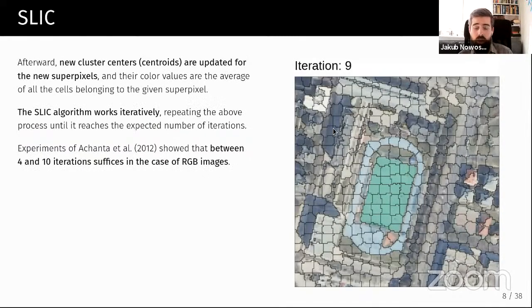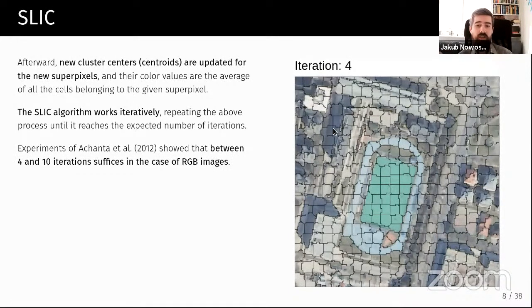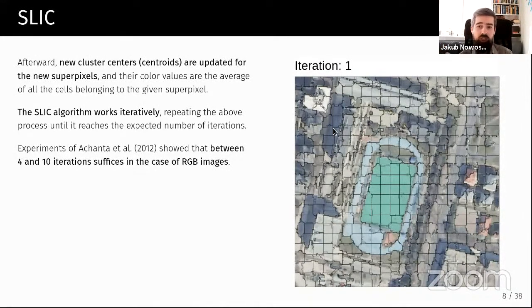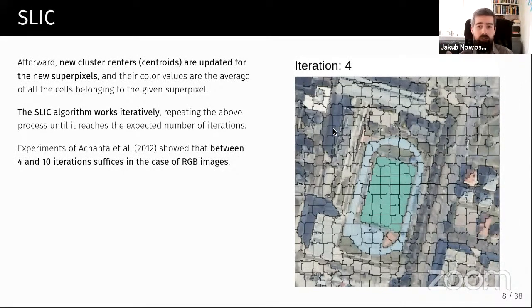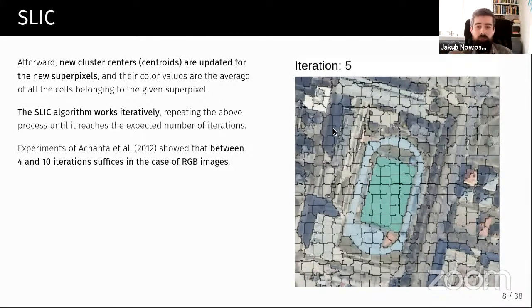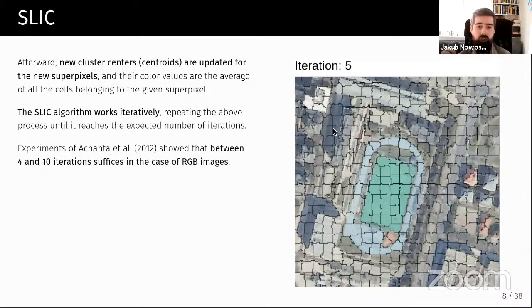So in the next step, we are repeating the same process several times, usually between 4 and 10 times. In this process, we are comparing our cells to the few closest centers, and we are assigning the value to the pixel based on the most similar center of the cluster.